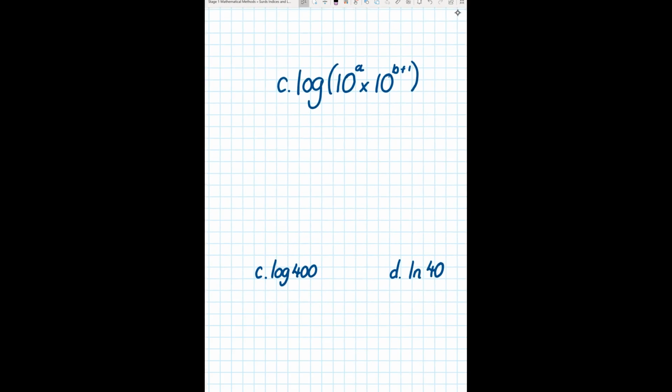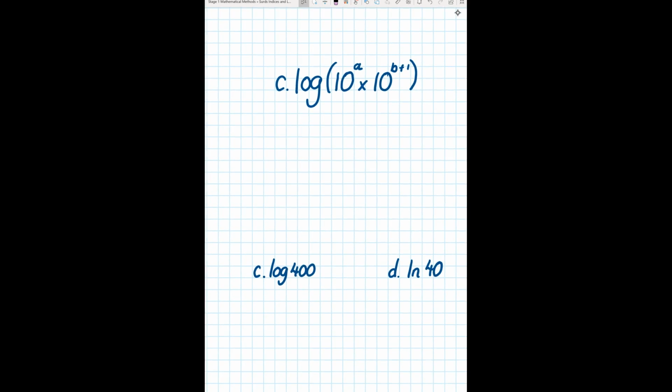For C, we use our index laws that say if we have the same base number multiplied, then we add the powers. So we have log of 10 to the A plus B plus 1. So our answer is A plus B plus 1.